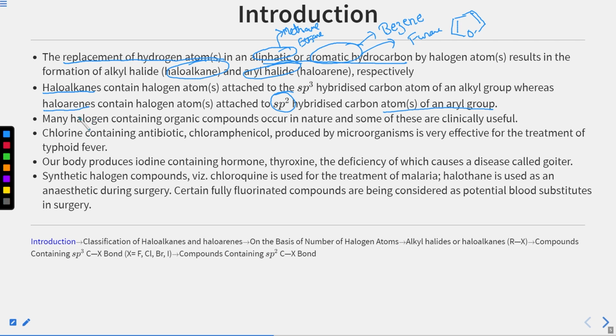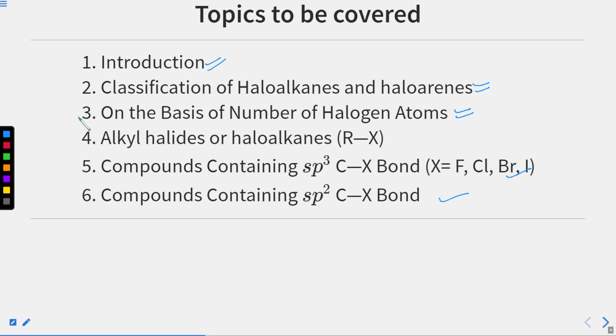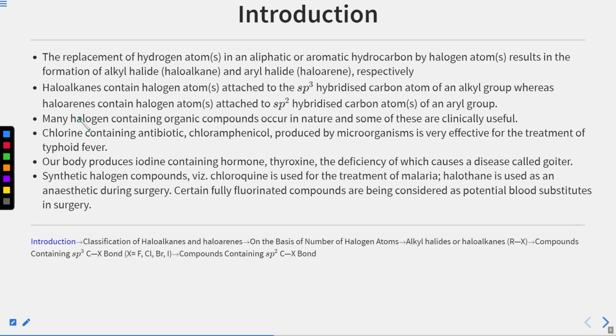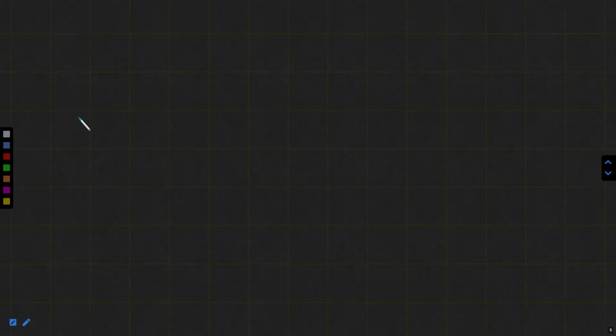Suppose what will happen if we take an example of ethene and replace one hydrogen with a halogen. Say we are replacing it with chlorine.